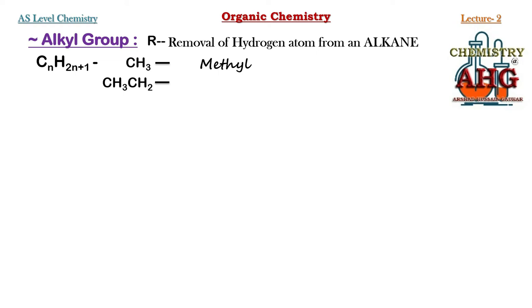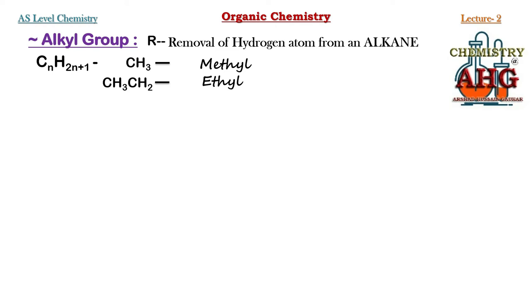Now how to name this alkyl group? Since there are two carbon atoms, it will be named as eth, and as it is a member of alkyl group, the name will end in -yl: ethyl. So now you have become able to find the molecular formula and to name an alkyl group.